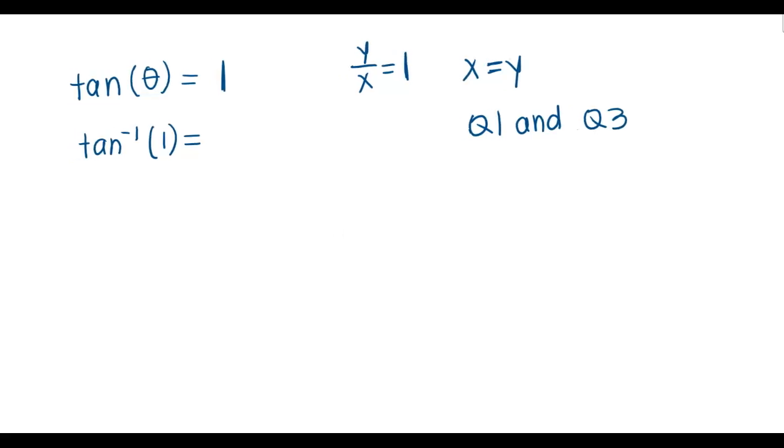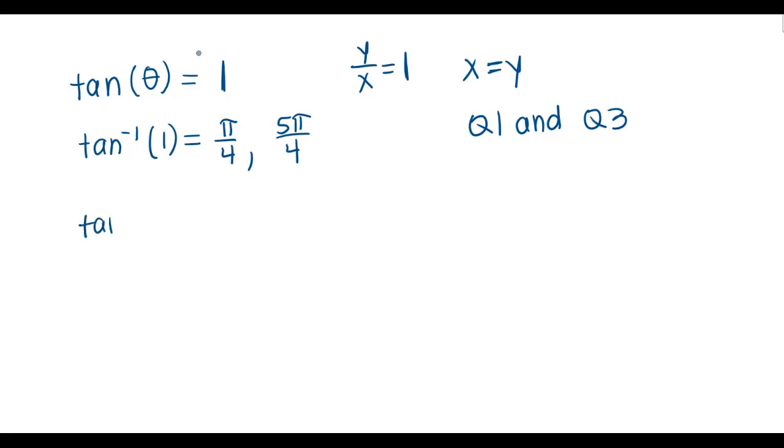Okay, so if we think about quadrant 1, at what angle do we have an x and a y the same? That would be pi over 4. And then when we think about it in quadrant 3, right, we're going past our pi, so it's going to be between pi and 3 pi over 2, which is 5 pi over 4.